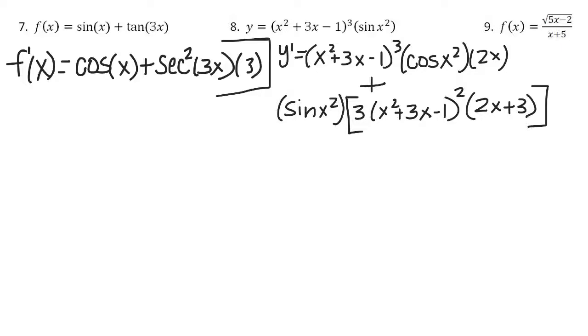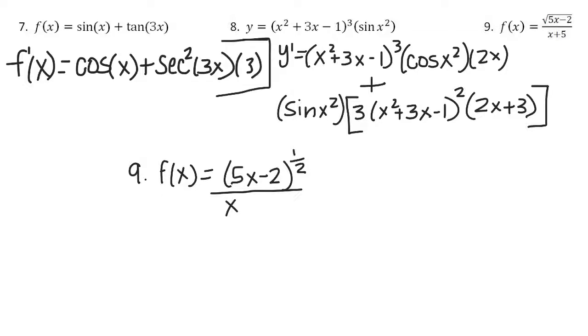Okay, I'm going to move number 9 down here. And now for number 9, we do need some rewriting. So let's see, it looks like we're going to have to make (5x minus 2) all raised to the 1/2. Now, did y'all move x plus 5 up to the top or leave it in the bottom? Leave it in the bottom? Okay, I can do it both ways. It'll be okay.